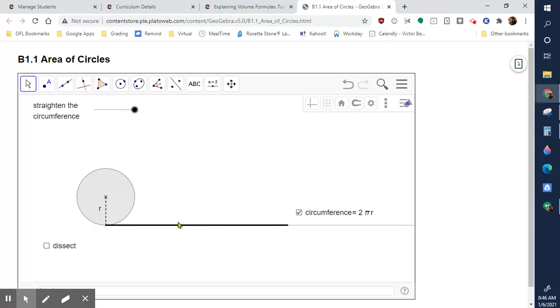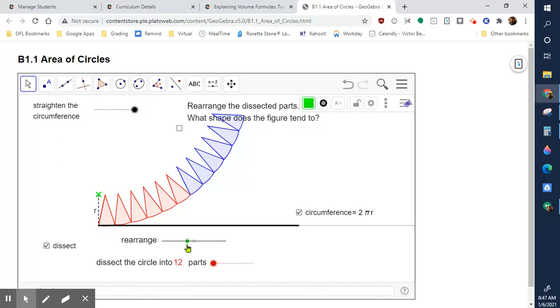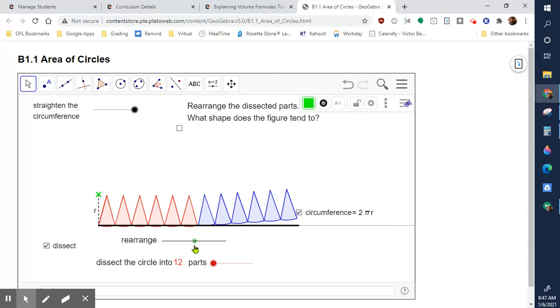Now we kind of want to dissect this. So we're going to make this a little bit better. So we can see that it's broken up into all these little triangles. So when I roll this out, I see all of the triangles. And then these triangles can be cut in half and brought back down to make this little shape right here.